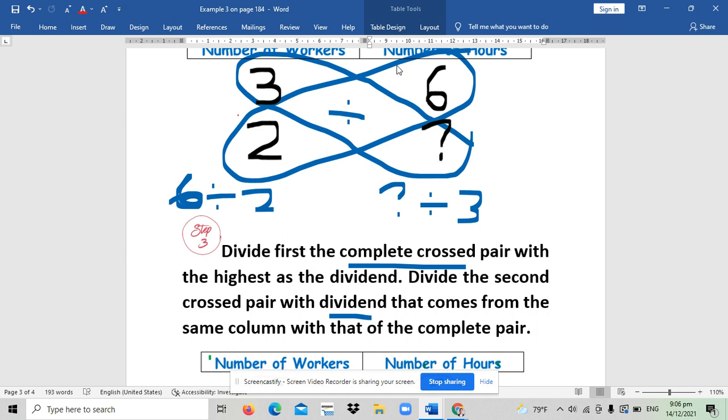Since between 6 and 2, 6 is the highest in that complete pair, the dividend in the second pair will be the question mark because it is in the same column as 6. That's why we put question mark divided by 3.